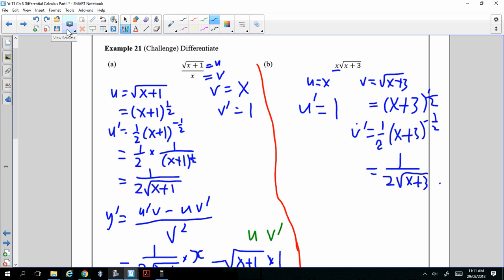No, it's not quotient, it's a product rule. X times root x. Get it? It's a product rule. Sorry, yeah. Can you see that's a product rule? It's times. X times root x plus 3. We just don't write the times.